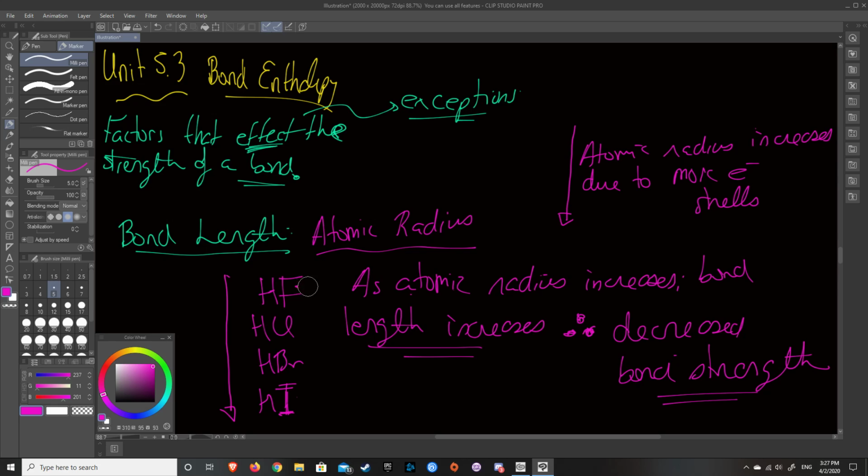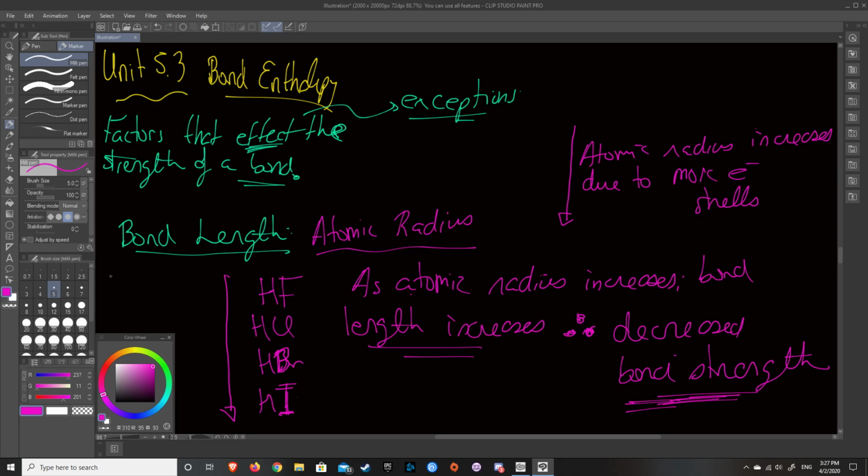For this unit, what we need to know is that as atomic radius increases, bond length increases, which means a decrease in bond strength.